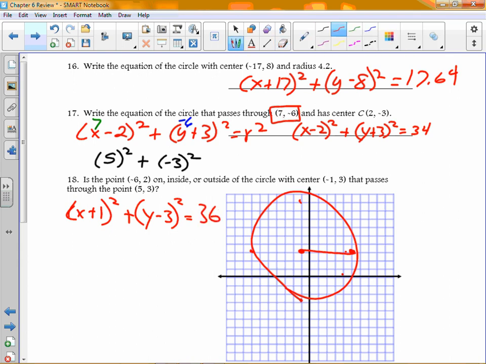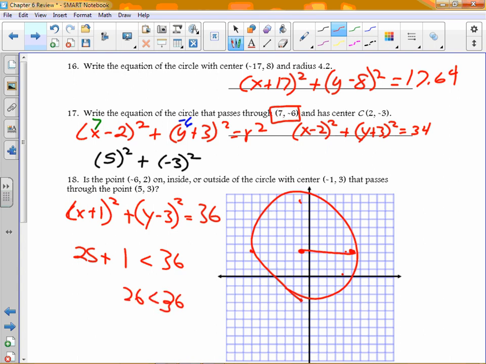They want me to prove whether the point (negative 6, 2) is inside the circle or outside the circle. Negative 6 plus 1 is negative 5, squared is 25. 2 minus 3 is negative 1, squared is 1. 25 plus 1 is less than 36.